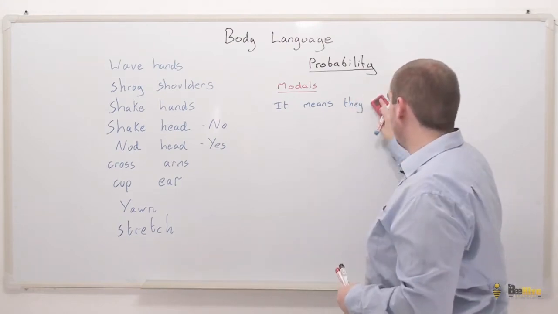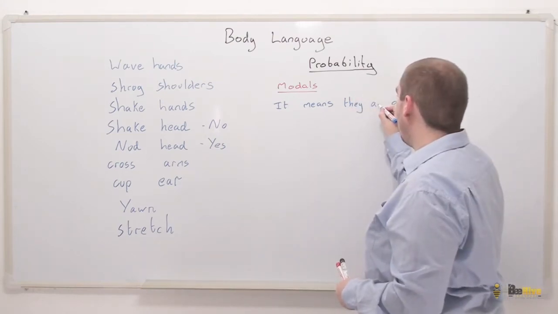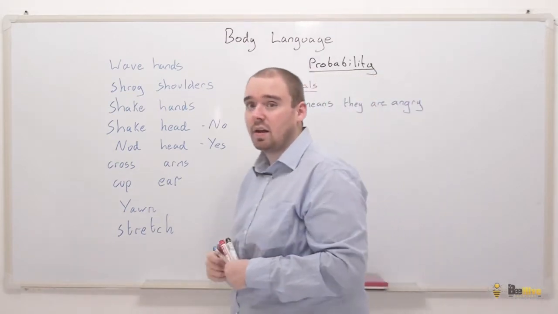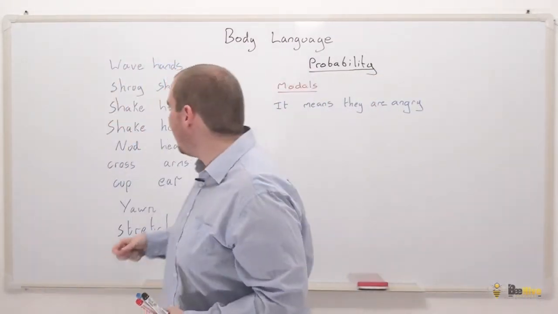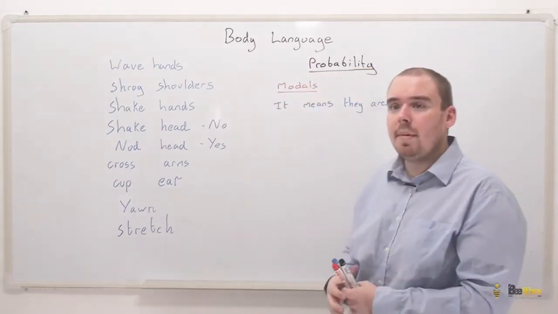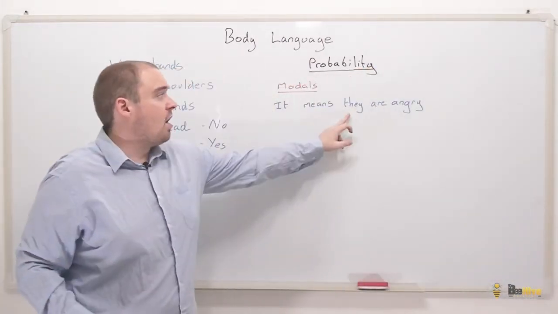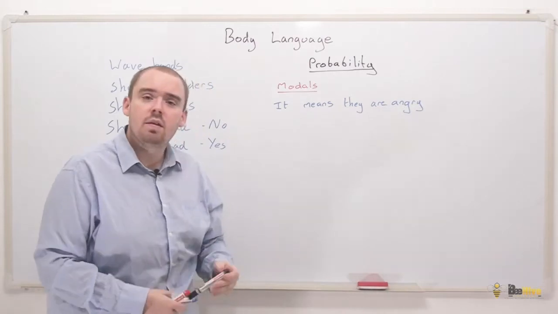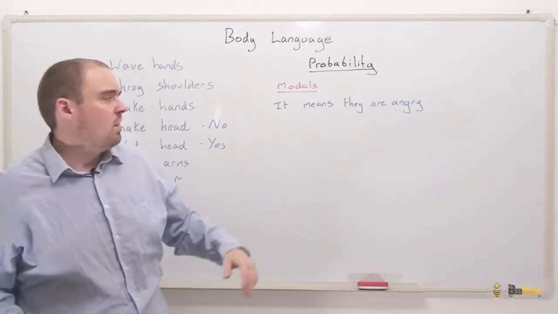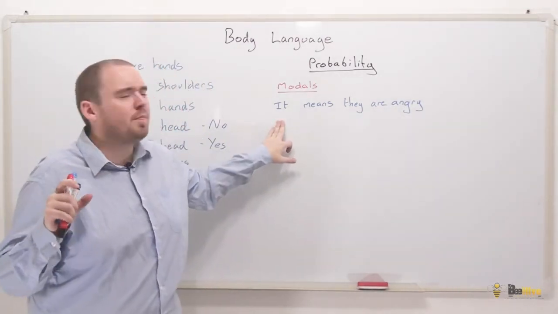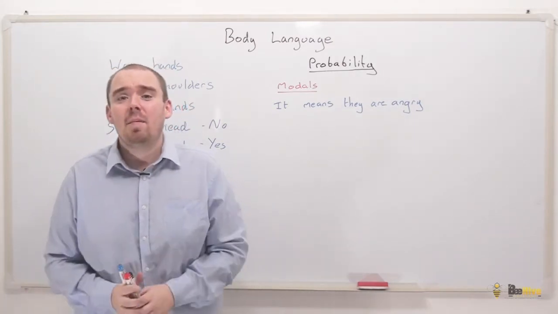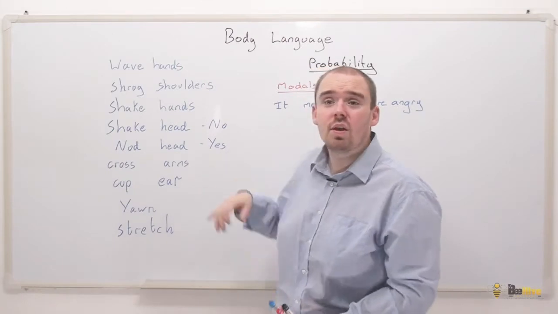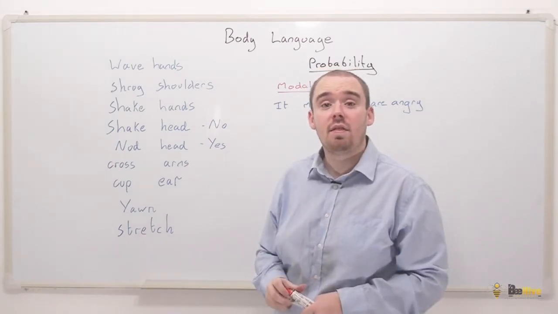Okay, just make that a little bigger. They are angry. Okay? But the problem is if I say it means they are angry, then that's 100% sure. But I don't know that, because cross arms can mean lots of different things.